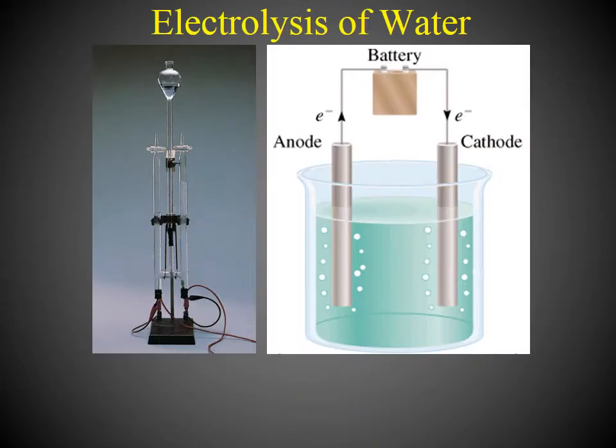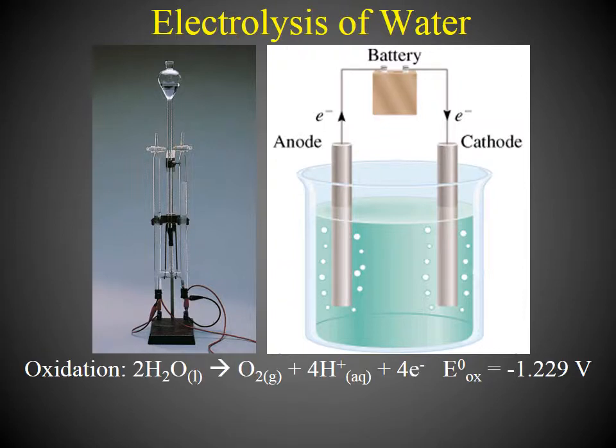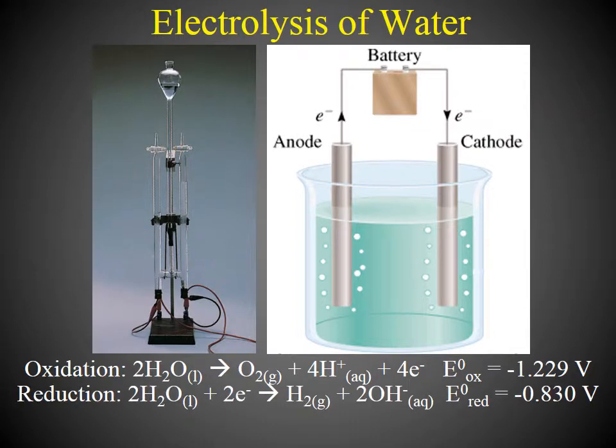Let's now look at the electrolysis of water and water solutions. Whenever I apply direct current to water, this will occur. We will have essentially the splitting of water into its elements, which are oxygen and hydrogen.